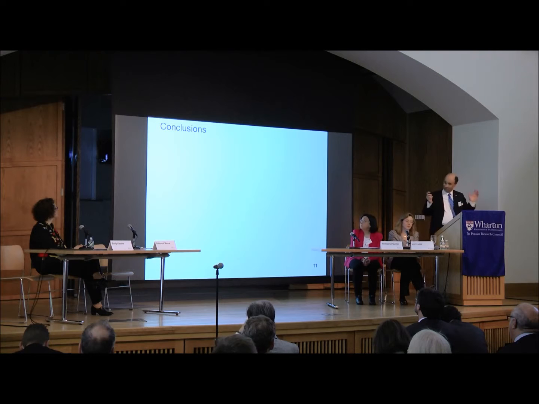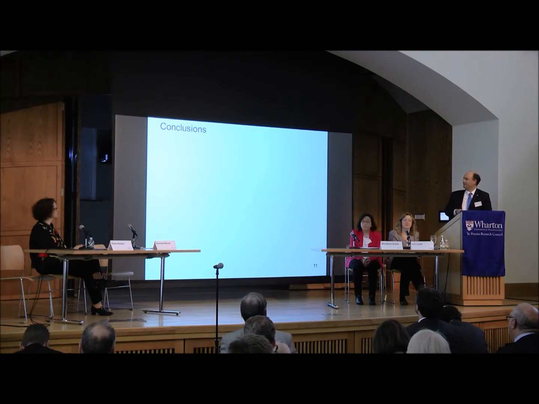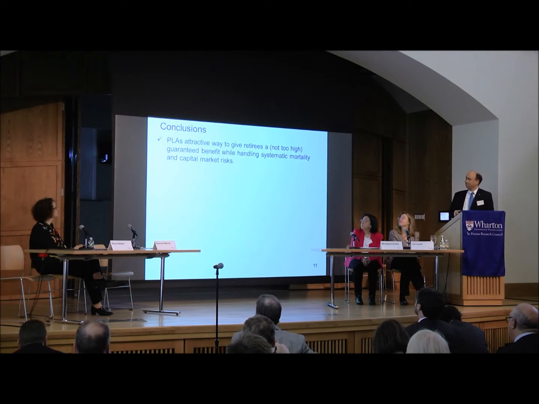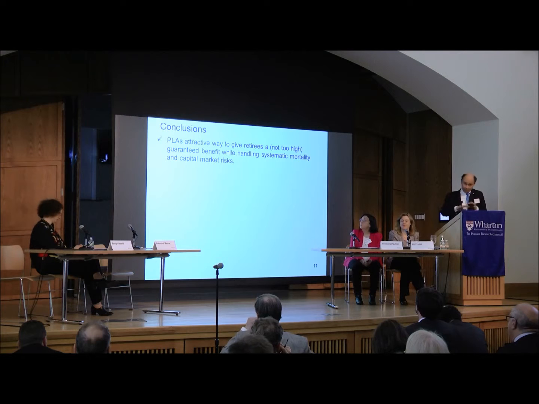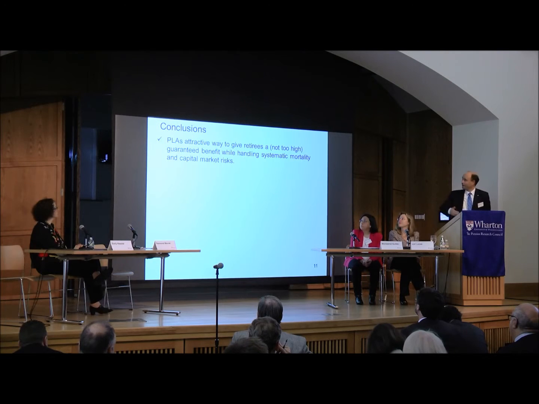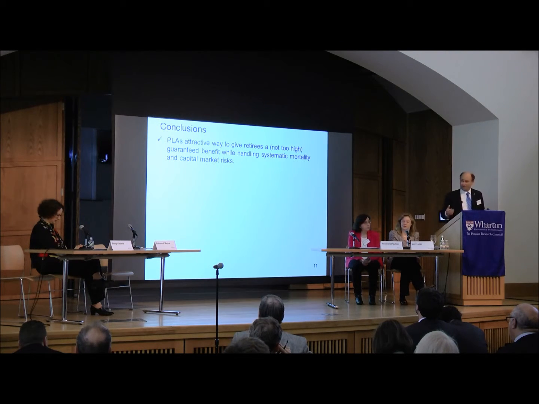Okay, some conclusions. I told you it's not easy, but this is what's coming out. These participating life annuities are, from my perspective, quite attractive risk-sharing mechanisms to give retirees, on the one side, guaranteed benefits if they are not too high. You should avoid giving too high benefits while handling systematic mortality risk and long-term capital market risk, which are the complicated risks.